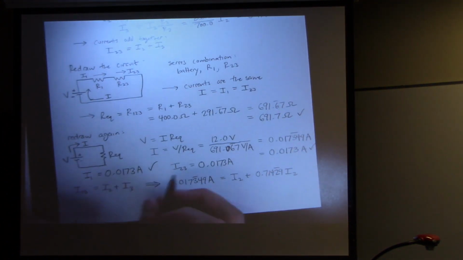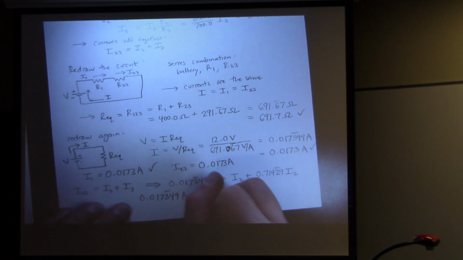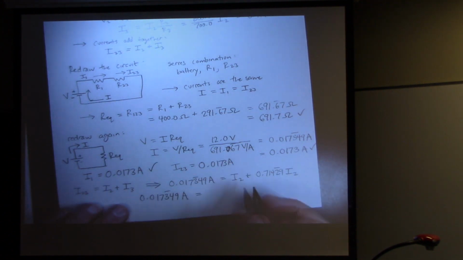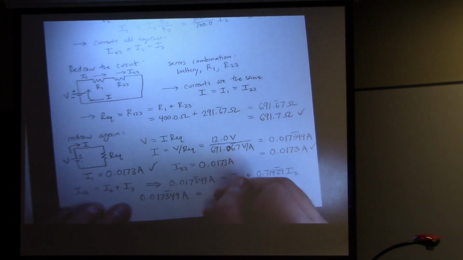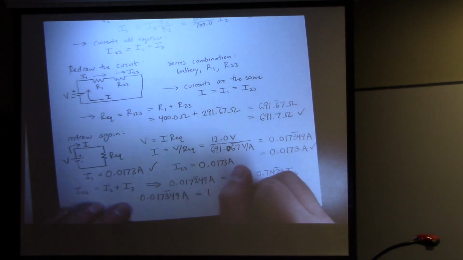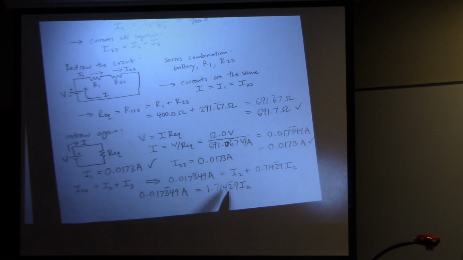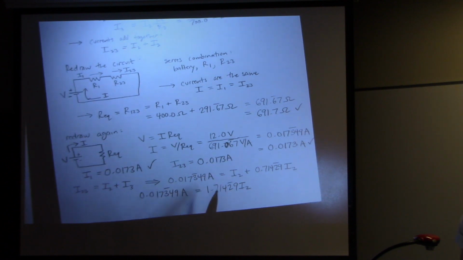Okay, so we're almost there. 0.017349 amps equals, if we add 1 to this decimal, 1.71429 times I2. Okay, so all we have to do to get I2 is divide this number by this number.